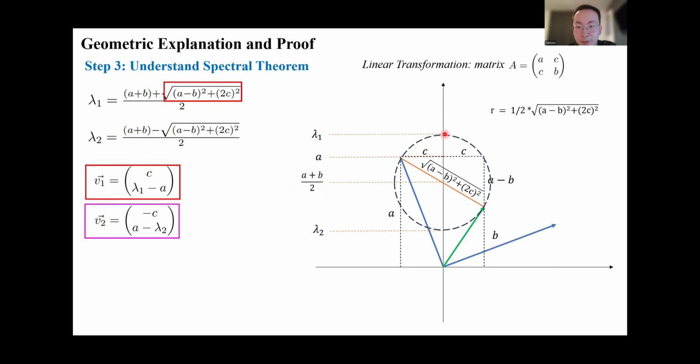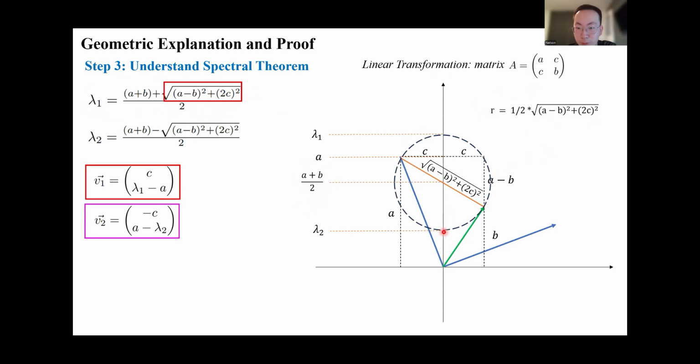And for this point on the top, why does it have height lambda? Because we can calculate the height by adding the height of the center and the radius. That is, this expression plus this expression, and we get exactly the same expression as lambda 1.